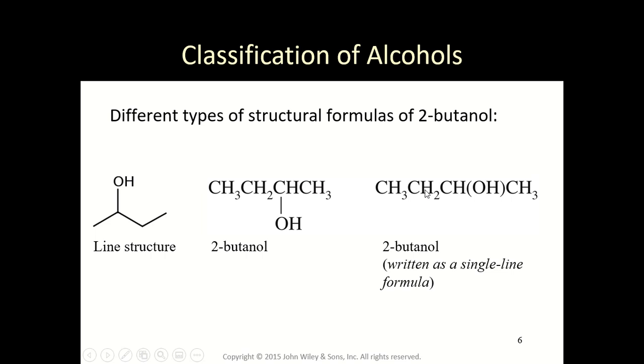And interior carbons will be CH2. But you look at this one here, CH. Wait a second, that carbon is missing something here, so therefore this alcohol group must be coming off of here, so that's why it's 2-butanol.